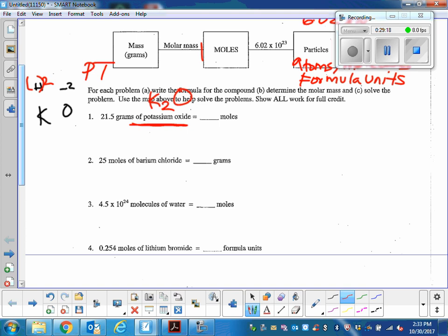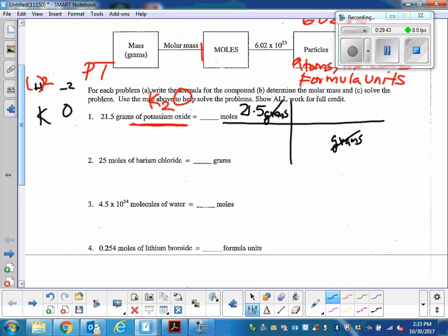Okay. So let's do the problem. What is given? 21.5 grams. What do I bring down? What do I cancel out of? Grams.